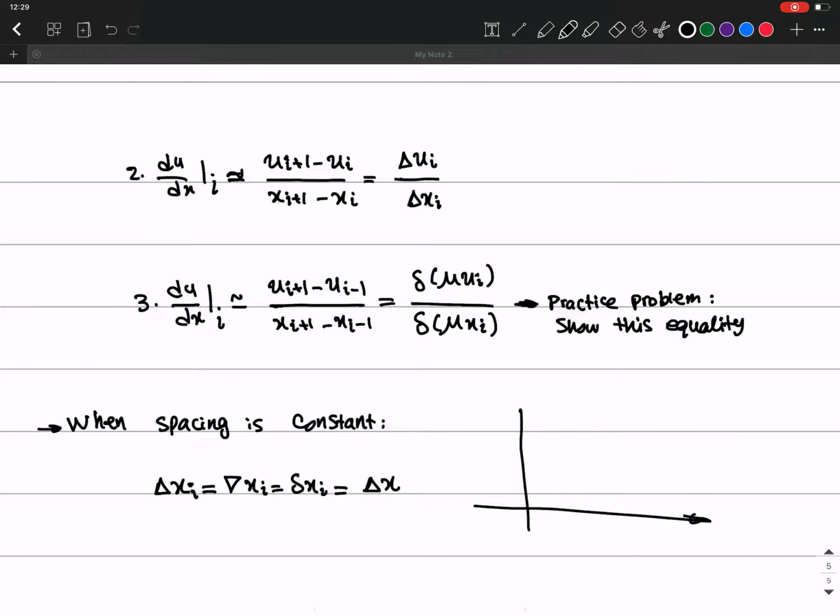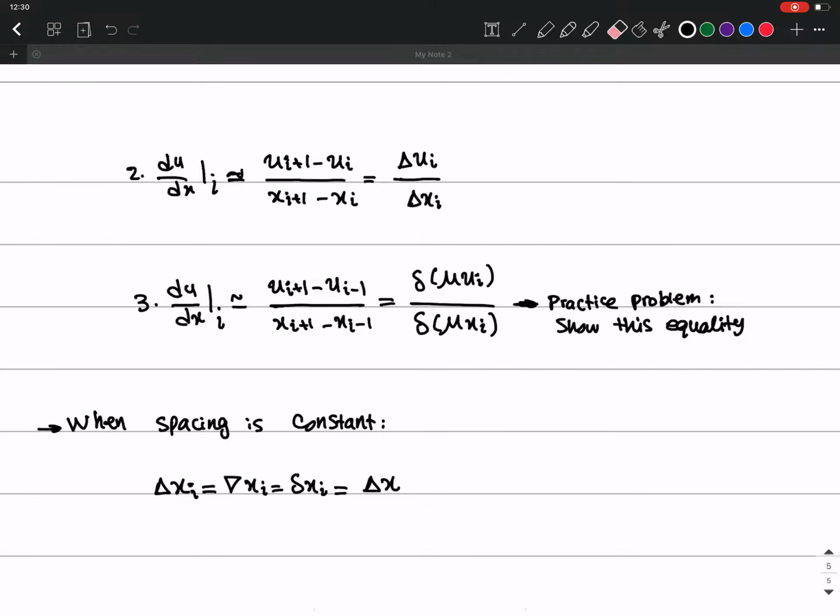For example, if ui is here, xi is here, and your xi plus 1 is here, and then your xi minus 1 is here, then this does not hold. So this holds only if all of them have the same distance.